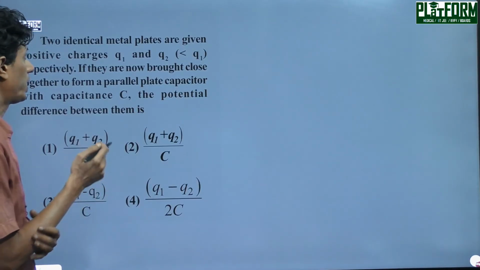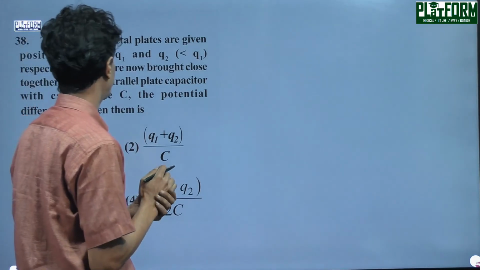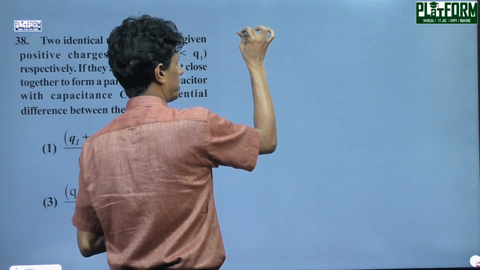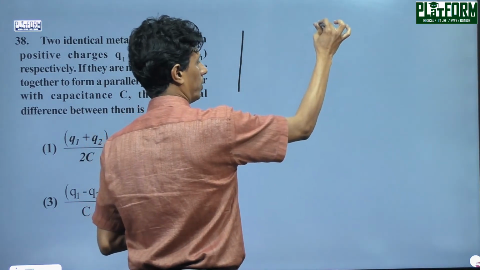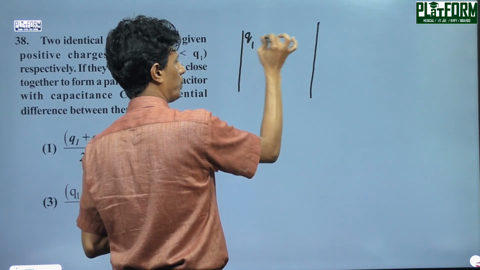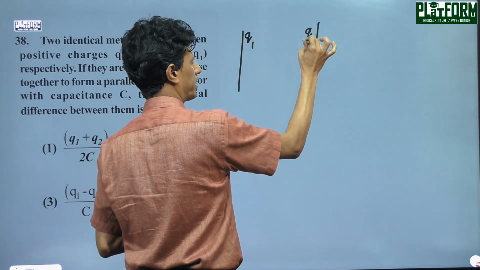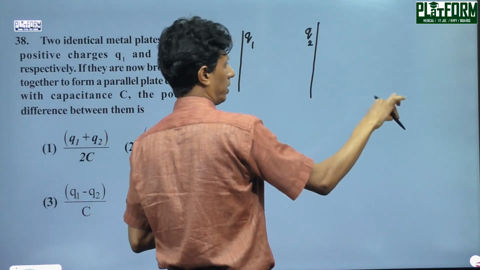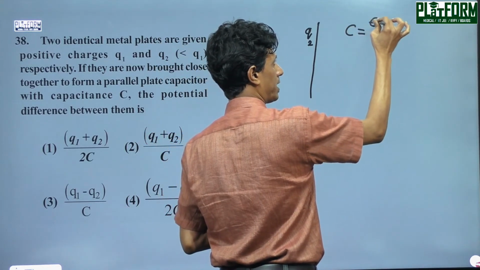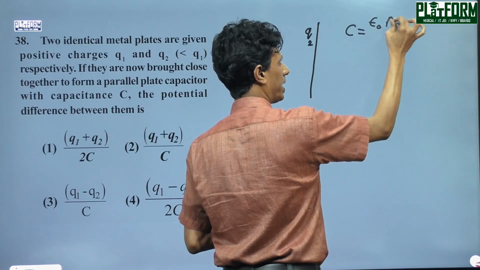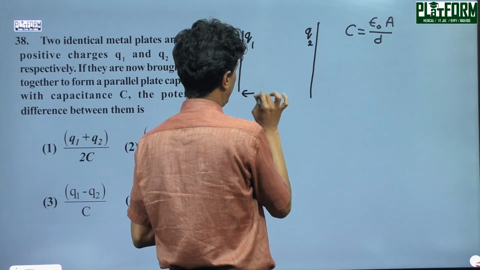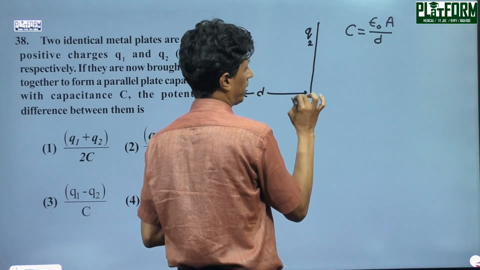Next problem. Question number 38. Two identical metal plates are given positive charge Q1 and Q2. You know, condenser, the charge given in the plate is Q1 and the charge given in the other plate is Q2. We know the capacity is independent of charge. It is epsilon 0 A by D, where D is the separation and A is the common plate area.